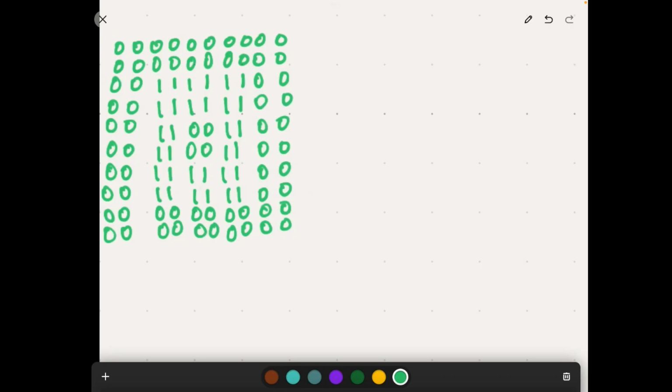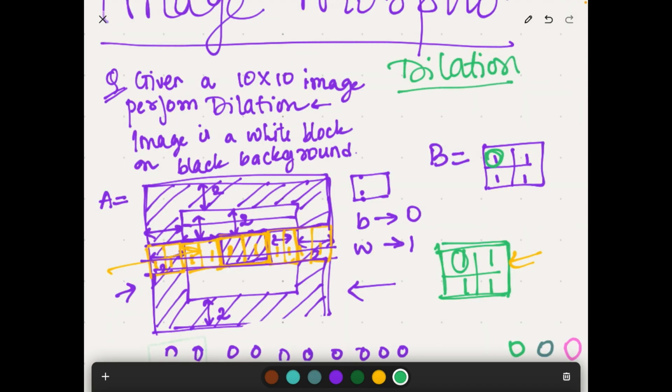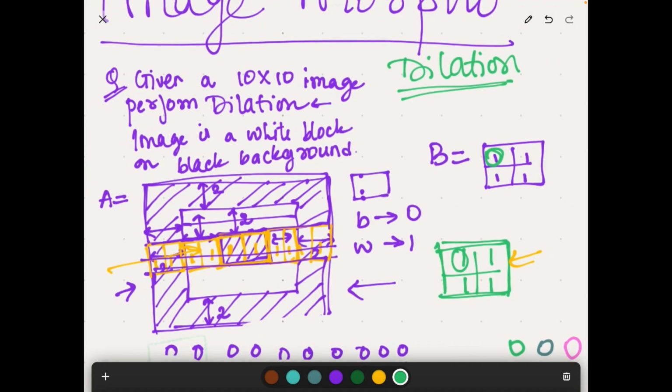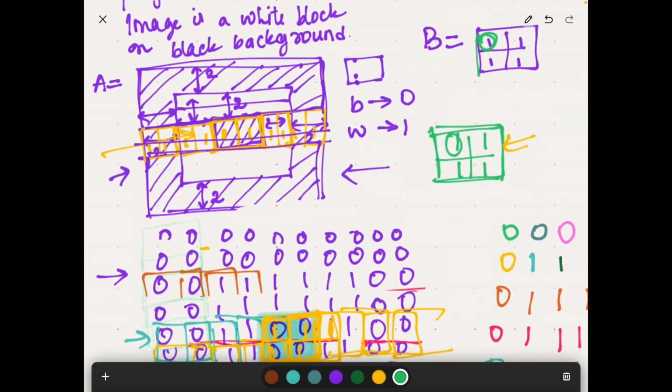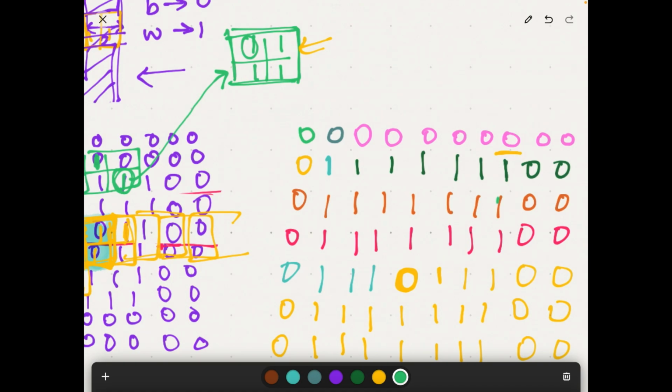So now let's go ahead and look at what your erosion is going to be like. When we were solving dilation, we were taking the structuring element here, that is 1110, placing it, let's say, over here. Even if there was one element matching the element in the structuring element, we considered it a match and wrote 1 over here.